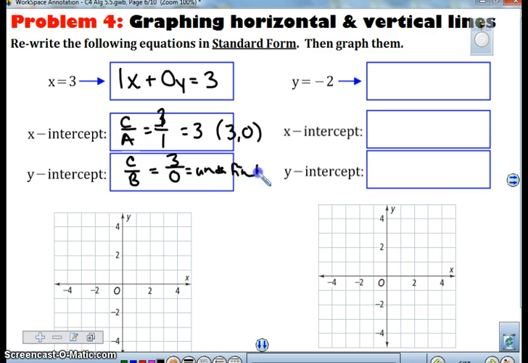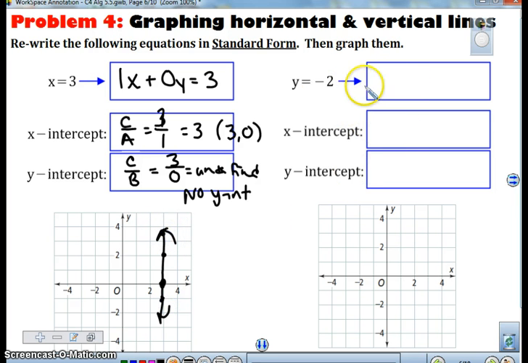So when we are looking at this, there is no y-intercept in this equation. And if you think about that equation and we are graphing it, remember, when x equals a number, we are talking about a vertical line, and the slope is undefined.